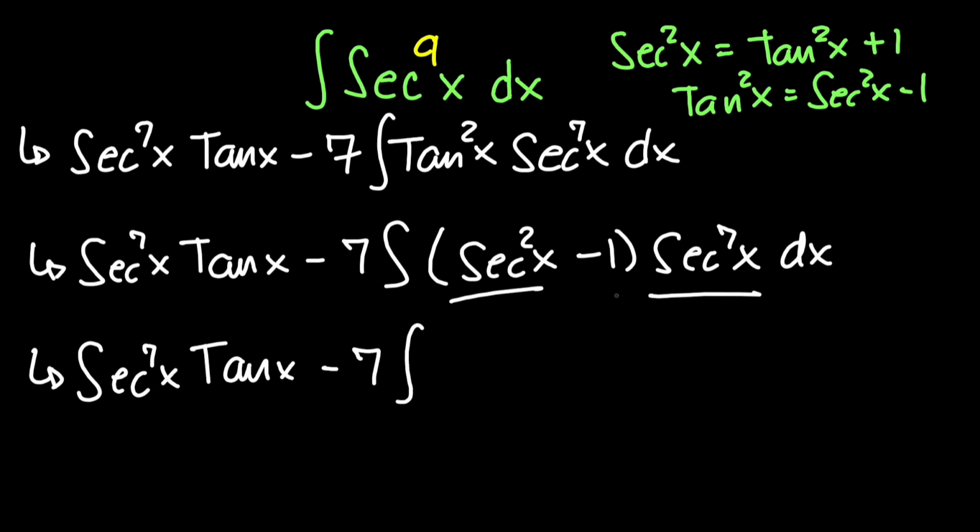This should be secant squared of x multiplied by secant to the power 7 of x, which would be secant 9 of x. Minus this one, it will be negative secant 7 of x dx.